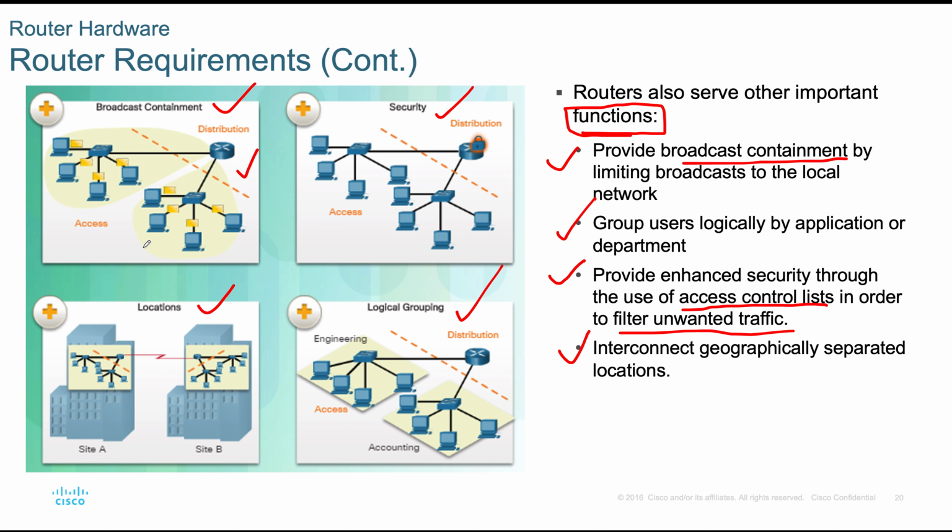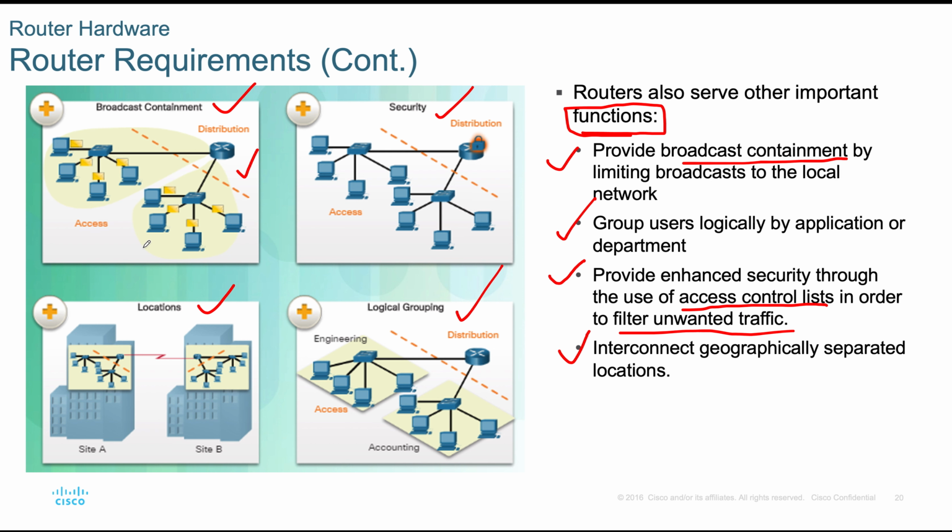Another beautiful function of the router that cannot be overemphasized is that the router provides enhanced security through the use of access control lists. We talked about access control lists when we studied network and cyber security last semester.